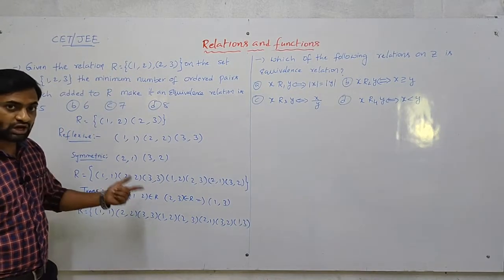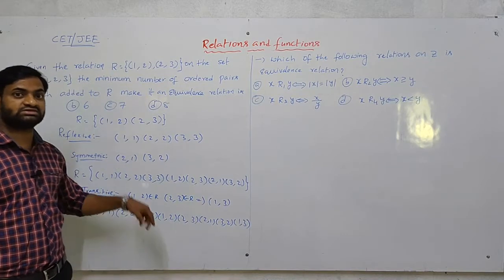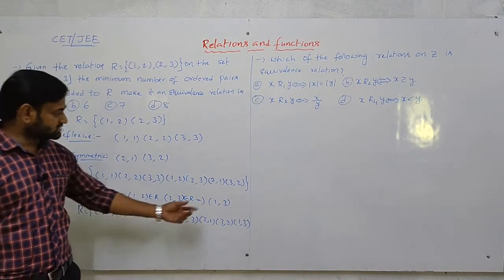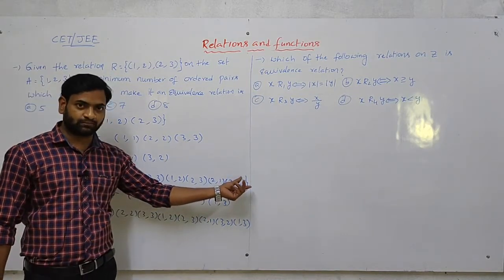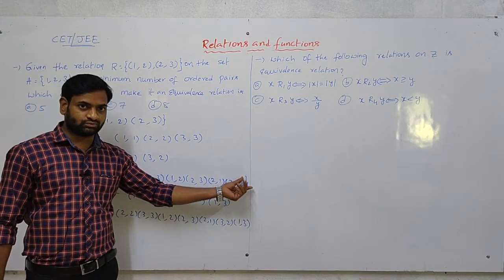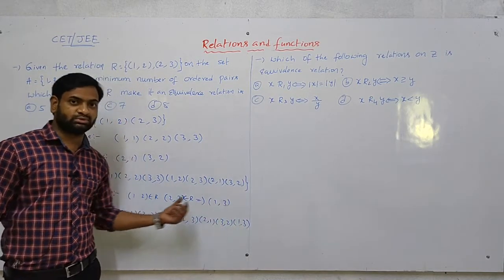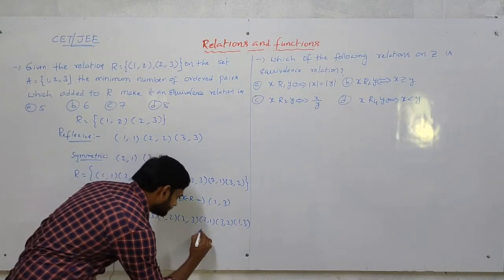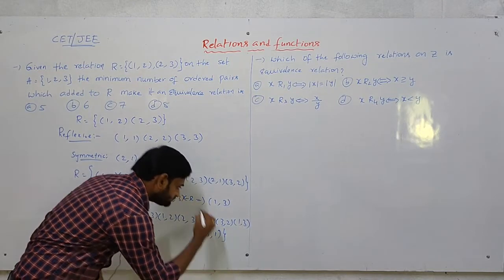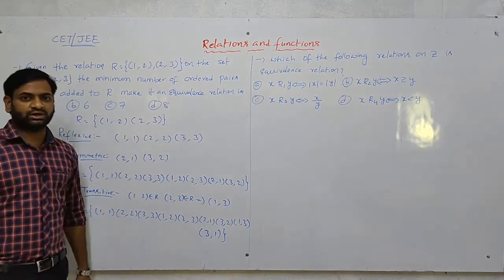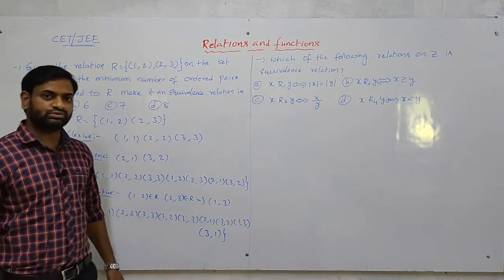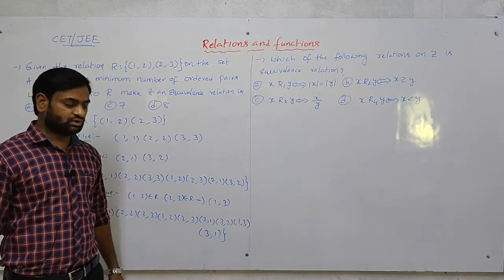No. So I want to add that one also to make this symmetric again, because I added one extra element to make it transitive, but for this element there is no symmetric element. That's why I am adding (3, 1). Now it is reflexive, symmetric and transitive.